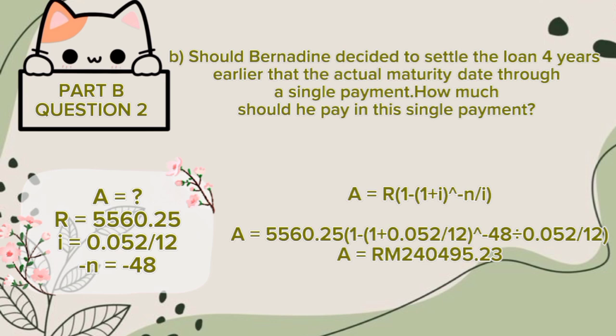Here we have part B, question 2. Should Bernardine decide to settle the loan 4 years earlier than the actual maturity date through a single payment, how much should he pay in this single payment?